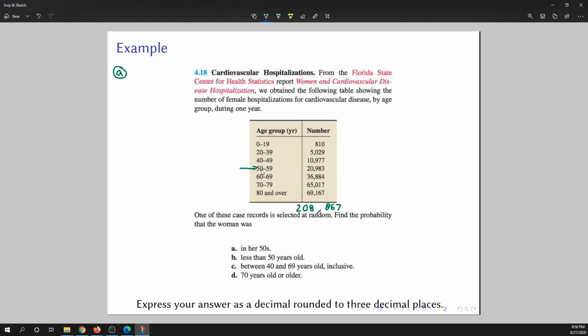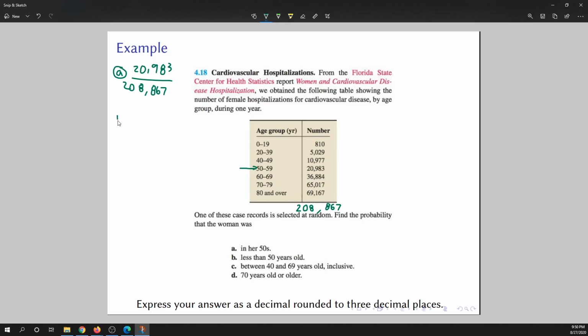And so those would be the women in the event that we want to calculate, right? And so right over here we have the number. There are 20,983. And then we would divide by the number in the sample space. So that's 208,867. Okay. So that's part A.